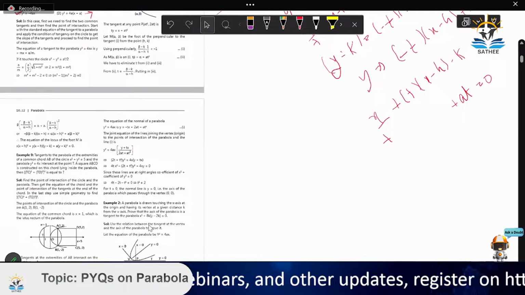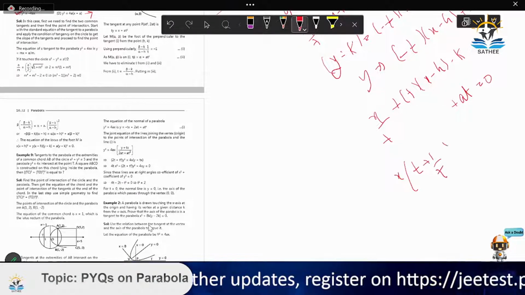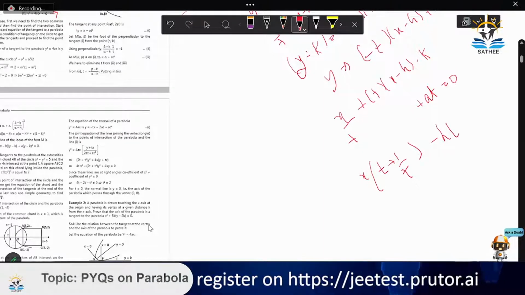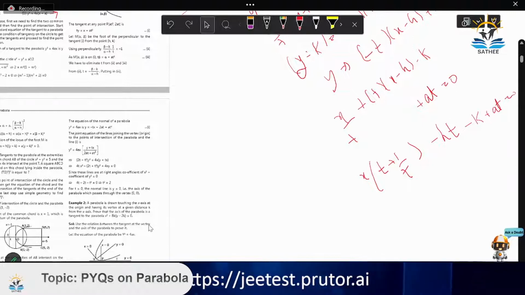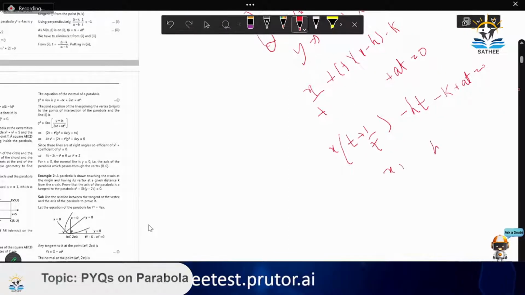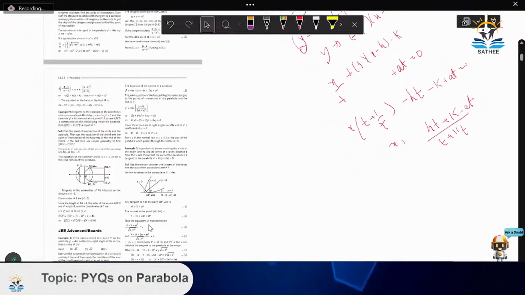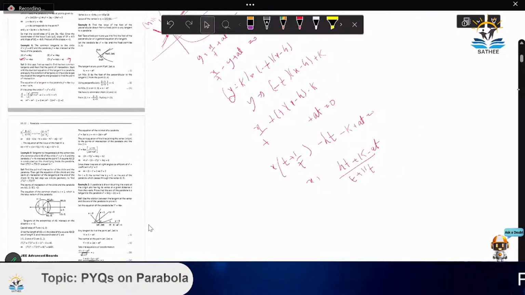And now let's get the x value out. So x has t plus 1 by t, then minus ht minus k plus at is equal to 0. So my x becomes ht plus k minus at by t plus 1 by t, and my y would become y is equal to x by t plus at, right?